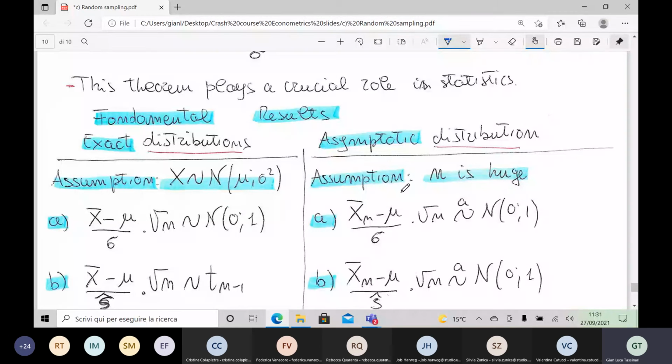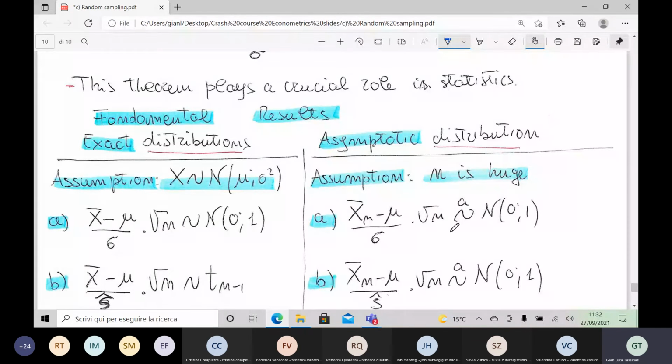So if you use this approximation when n is small, well, this approximation is really poor and you are making a mistake. However, if n is big enough, if the dimension of the sample is big enough, you can use this approximation. Obviously, this approximation becomes exact only when n becomes infinite, but when you work with a sample, obviously the dimension of the sample is finite, not infinite. So here we say, guys, this A means that the distribution of the standardized mean is asymptotically normal 0, 1.